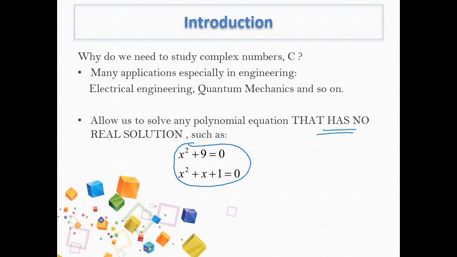This has been explained in detail in the previous video, so I don't need to explain this anymore. So you now know how complex or imaginary numbers were introduced.